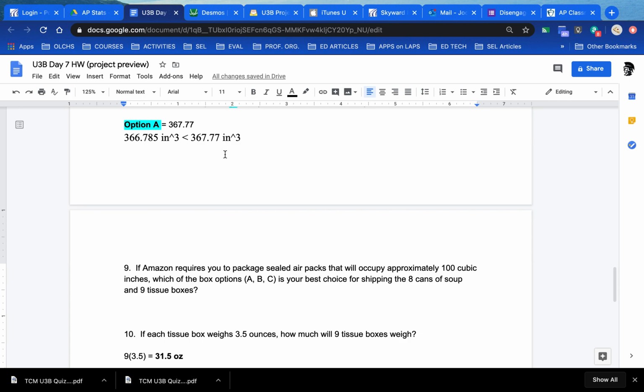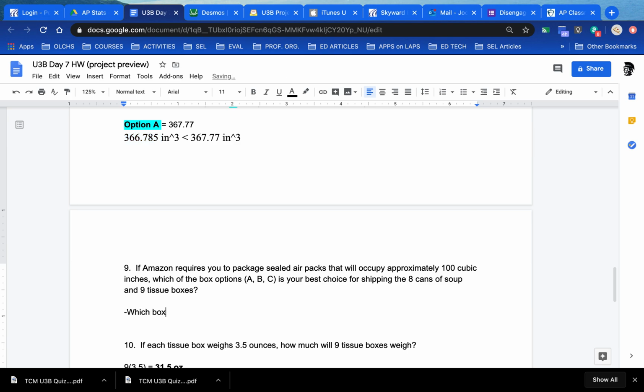So option B and option C must also have a big enough volume that this will work. So if this question confused you, again, you need to be able to add 100 to this number and make sure it works. So basically you need to figure out which box has a volume larger than 466.785. That's really what you need to pick as your option here, A, B, or C.